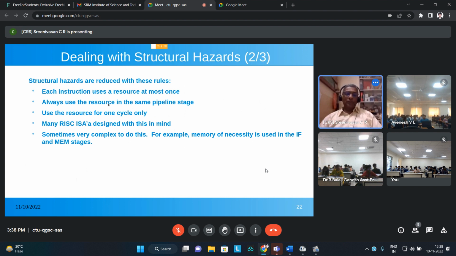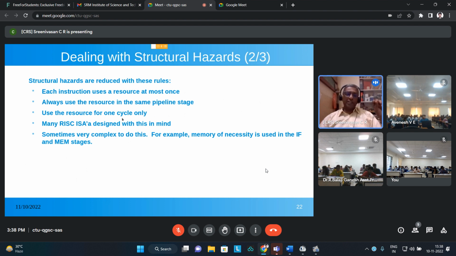Those are examples of how you can think about using a resource in the same pipeline stage. So use the resource in the same pipeline and in one cycle only. Don't try to stretch it over multiple cycles.